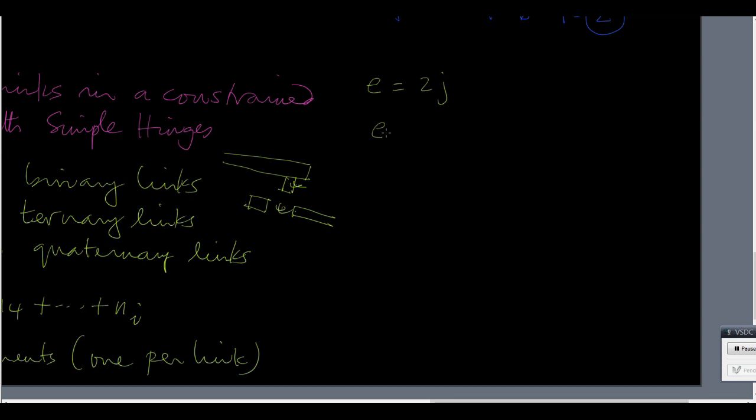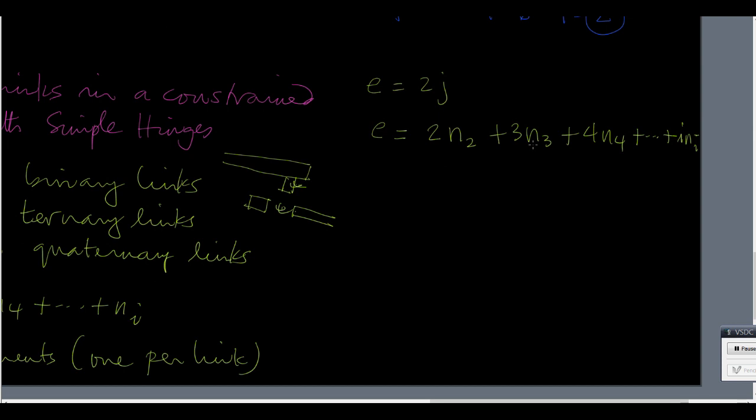But the total number of elements is also equal to 2n2 plus 3n3 plus 4n4 plus and so on up to i ni, right? Because the binary link has two hinges and each hinge has one element on the link. So there are two of them. A ternary link has three hinges. So there are three elements.